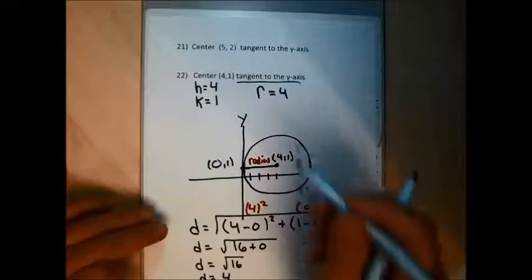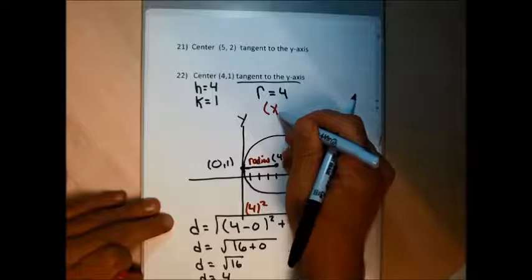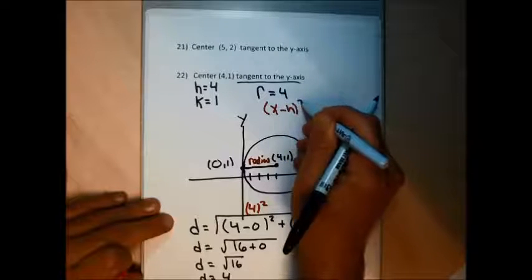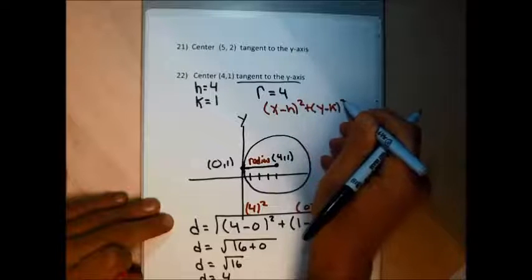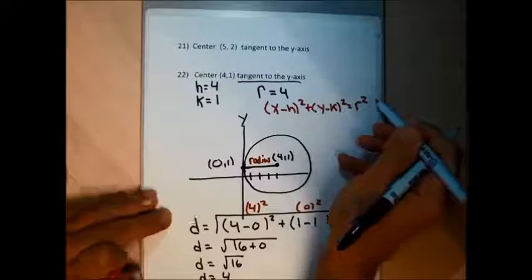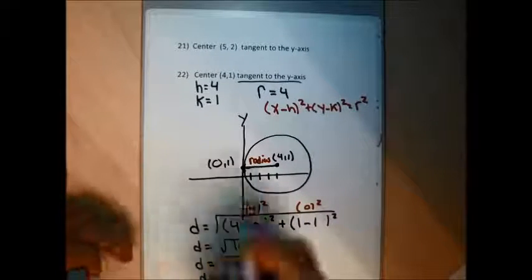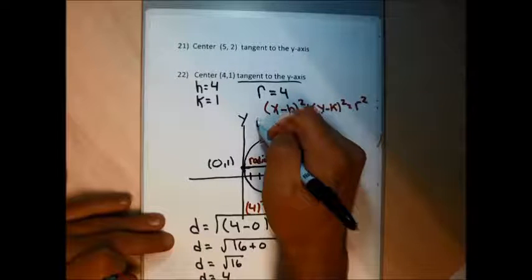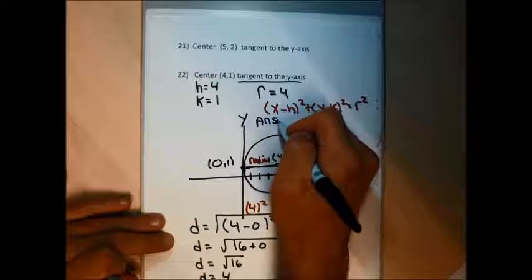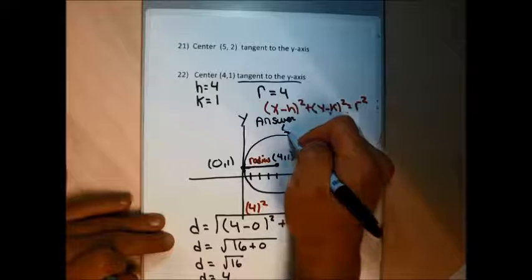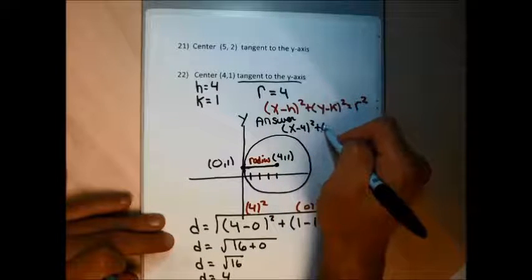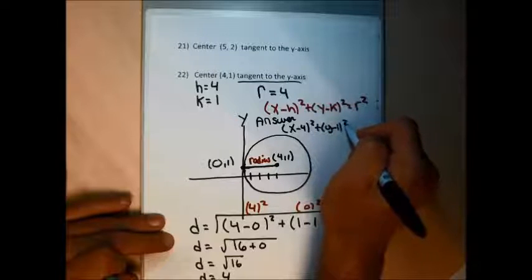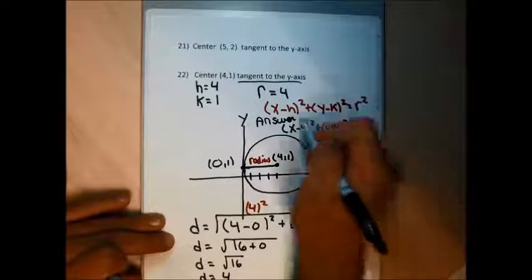Now I'm going to take those numbers and shove them into the formula x minus h squared plus y minus k squared equals r squared. And this is going to give me my answer to problem 22. The standard form of the circle that I'm searching for is going to be x minus 4 squared plus y minus 1 squared equals 4 squared.